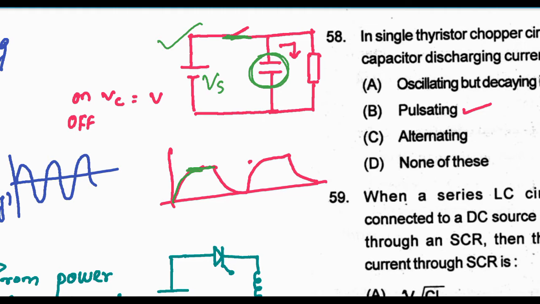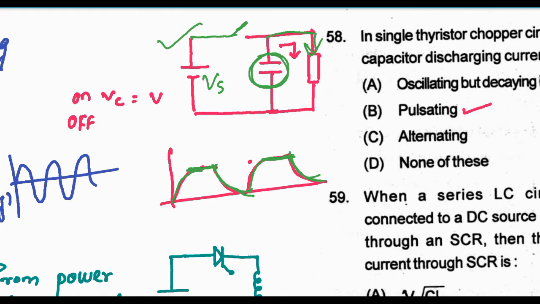And when this switch is opened, what will happen? This will discharge through the load, and again when the switch is closed, it will charge to that voltage, and again it will discharge.